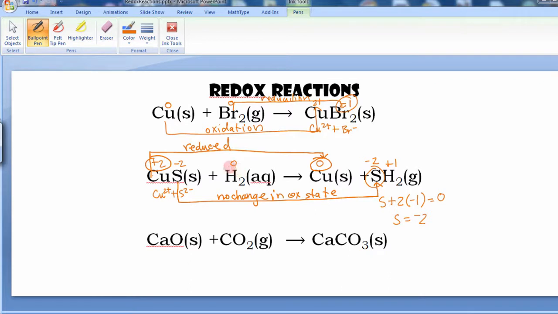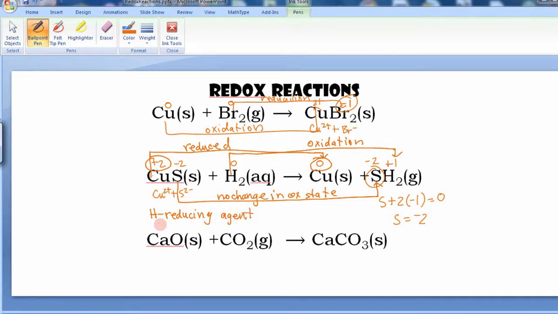What does hydrogen do? Hydrogen goes from a 0 to a +1. Hydrogen is doing what? Is being oxidized. It undergoes oxidation. So I come down here, and since hydrogen is undergoing oxidation, it is the reducing agent.